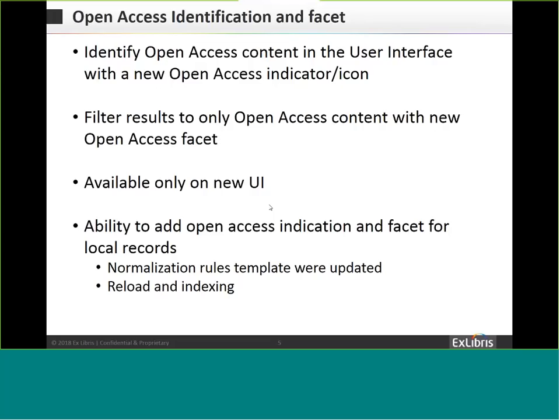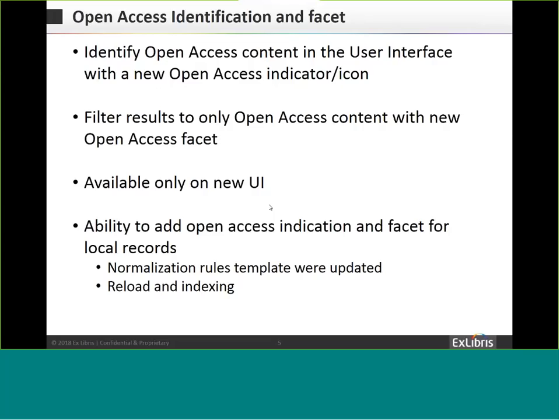This is an ongoing effort, to know which collection should be marked as open access. So this is only a first phase, where for the Primo Central records we can help the user easily identify which material is open access.